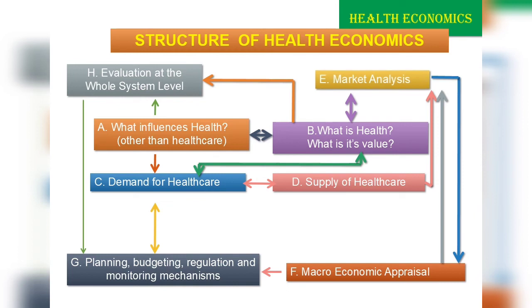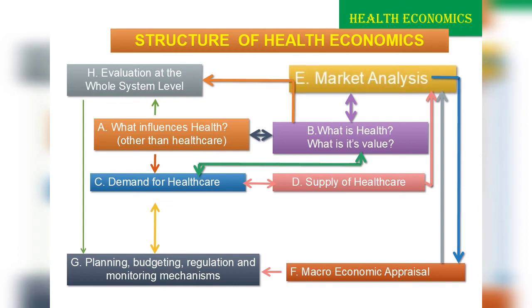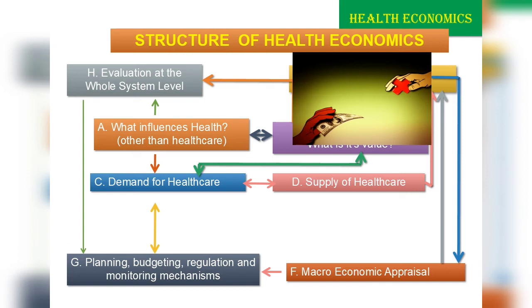Next is market analysis: the ways in which markets in all these sectors operate is a major chunk of applied health economics, especially in countries where there is substantial dependence on market institutions for the provision of healthcare insurance and the delivery of healthcare.